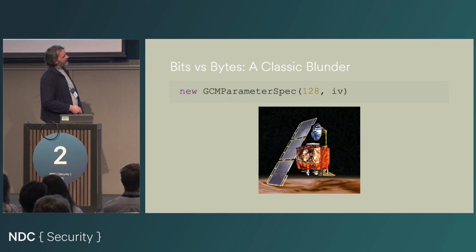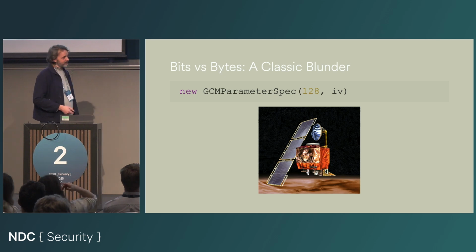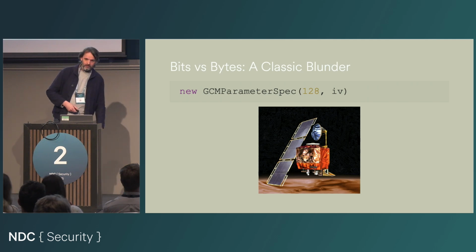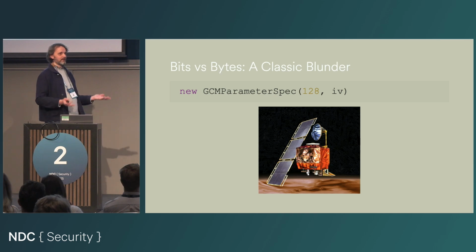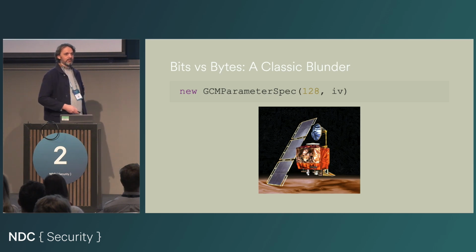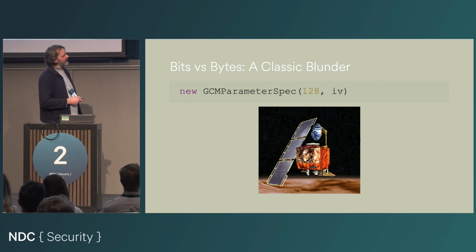There's another gotcha here. So what's this magic number here? That's 128. In fact, that number should never be anything other than 128. Otherwise, you've probably got a security vulnerability. So this is like the Mars orbiter that crashed famously because of a mismatch between imperial and metric measurements that meant it was approaching Mars too quickly and crashed into the surface. So there's a similar thing here. A really classic blunder in crypto is confusing bits and bytes.